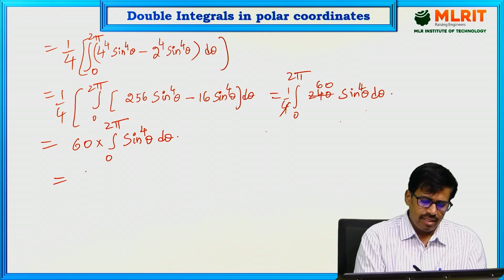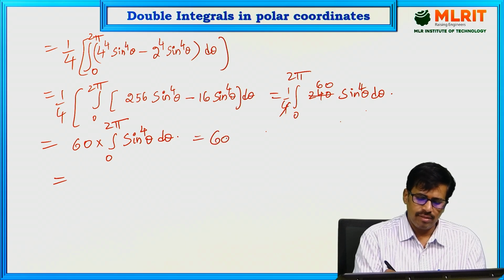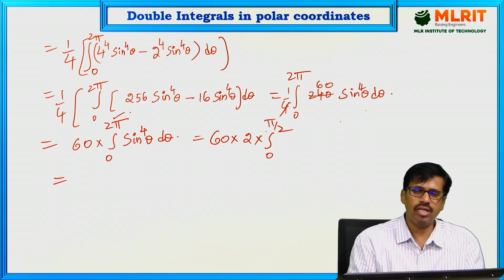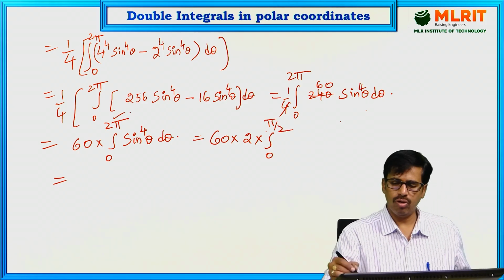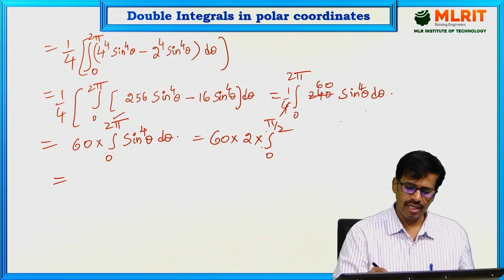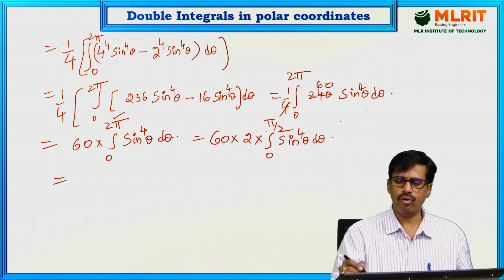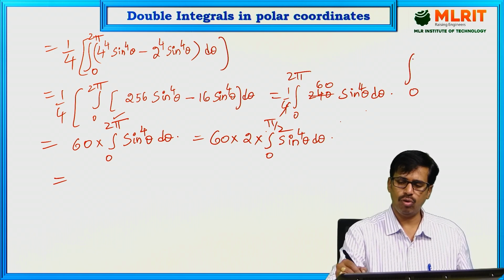I can write this as 2 times the integral 0 to pi by 2. We can see here the limits are 0 to 2 pi, so I can write it as 2 times 0 to pi by 2 sin power 4 theta d theta, because I know the formula for the integration of 0 to pi by 2 sin power m theta d theta, where m is even or odd.